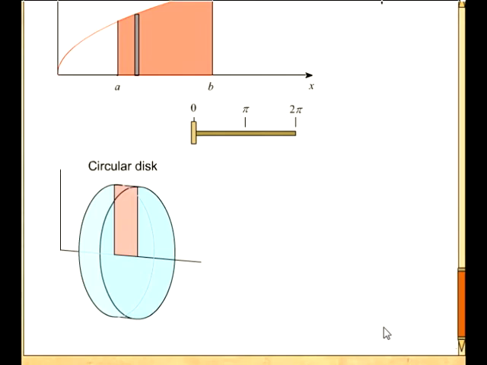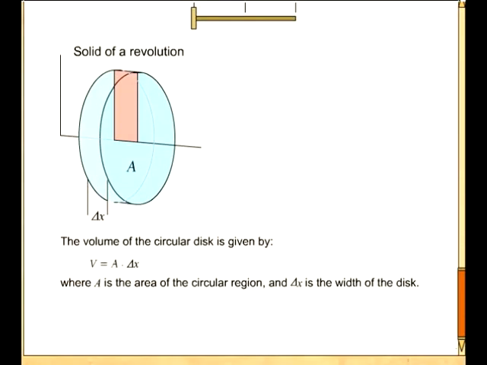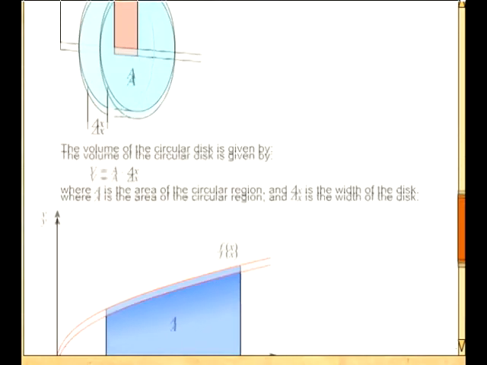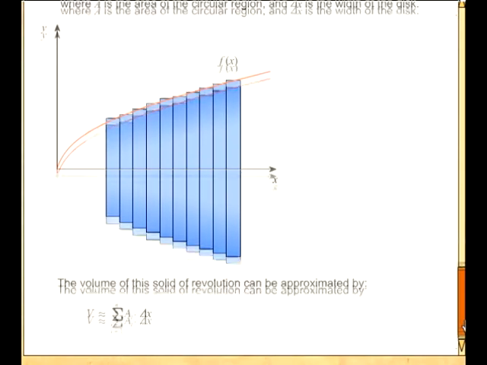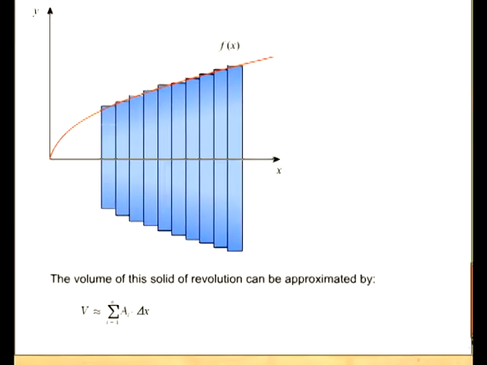So as Johnny was saying, you can see right here that you take one portion of the curve, and as you rotate it around, you make a solid that is a circular disc, and the equation is basically the area of the base times the delta x, which is the length of the x.